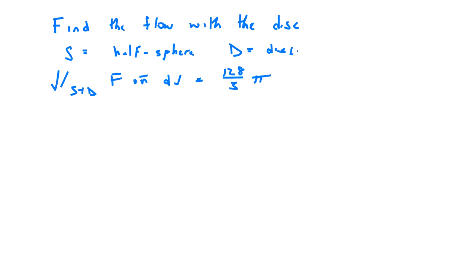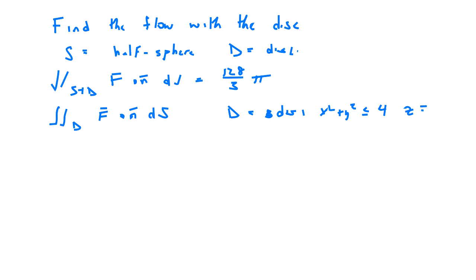So what we want to do now is get what this is for the disk, which is the disk of radius 2 at z equals 0.